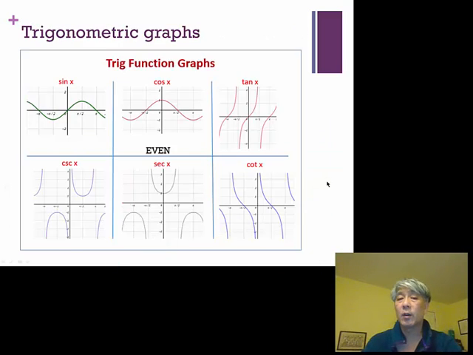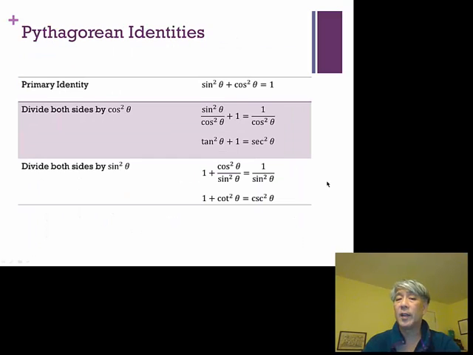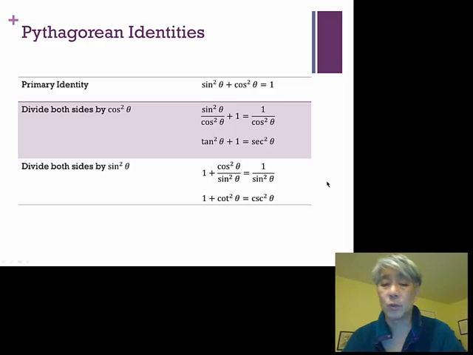So that's where we get our Pythagorean identity here. Sine squared plus cosine squared theta equals 1. All the other two, tangent squared theta plus 1 equals secant squared theta, and 1 plus cotangent squared theta equals cosecant squared theta, all derive from that first one by dividing both sides by either cosine squared or sine squared theta. Okay, so you really only need to memorize the first one, sine squared theta plus cosine squared theta.